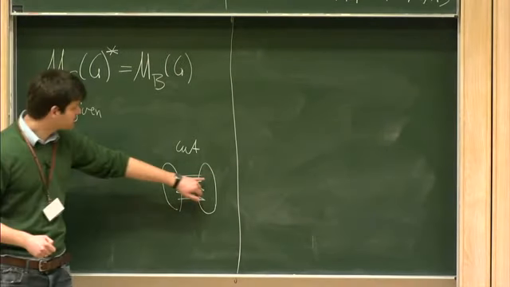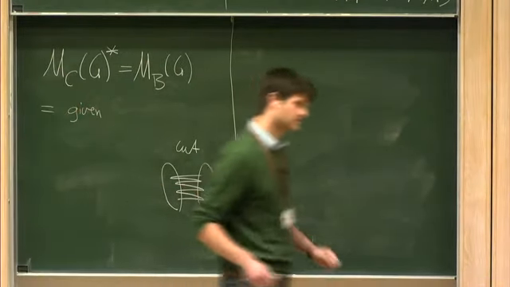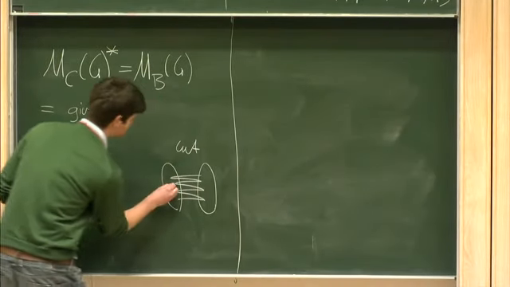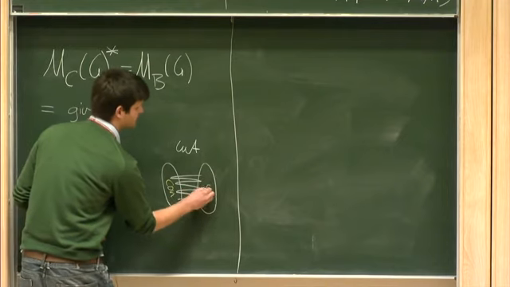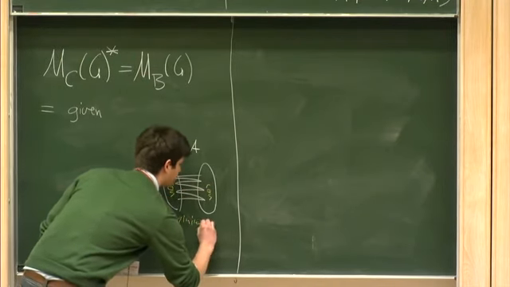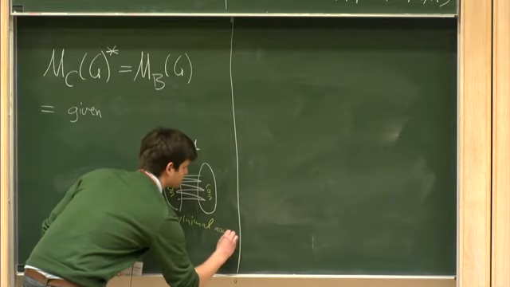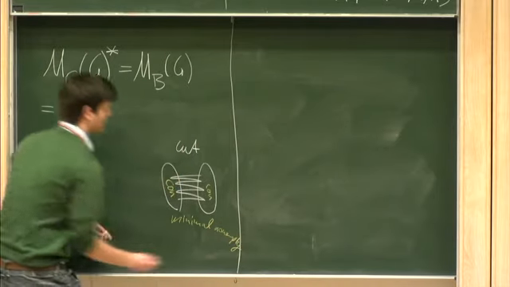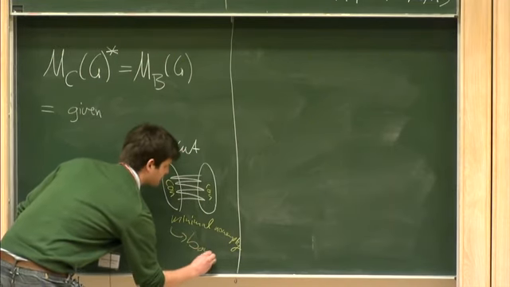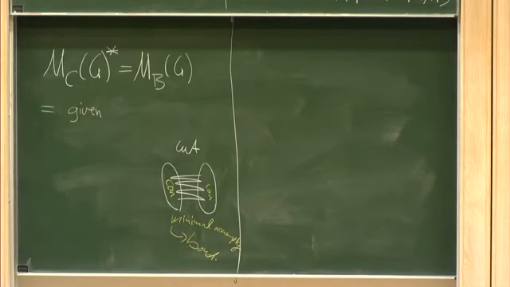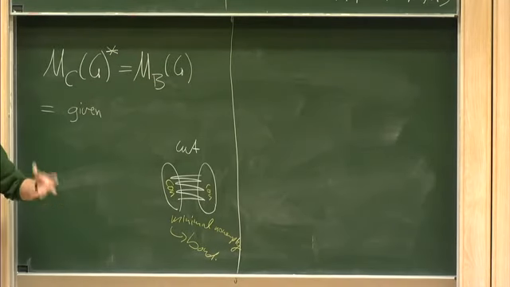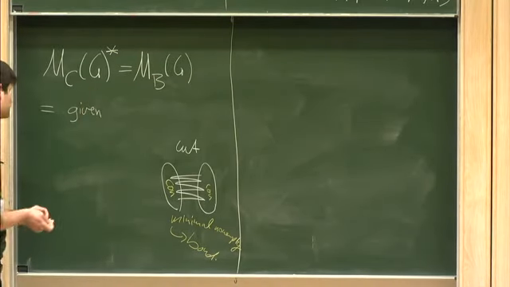And a cut is minimal non-empty if both these partition sets on the left and right are connected. Then it is minimal non-empty. And a minimal non-empty cut is called a bond.